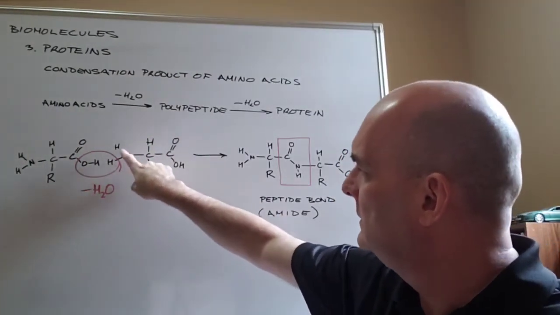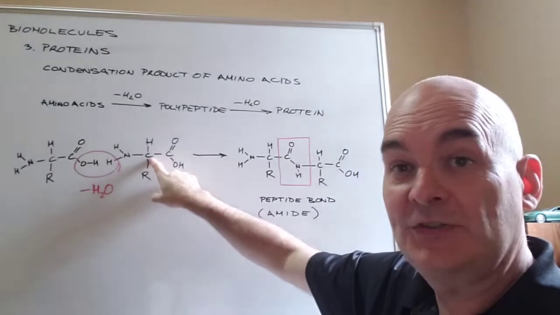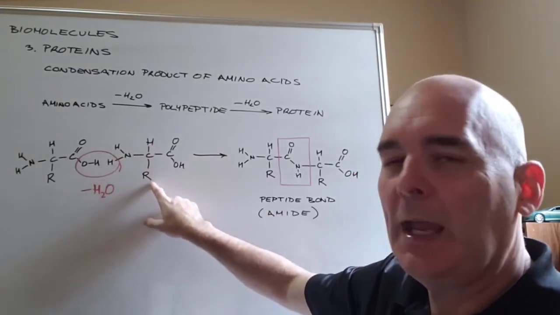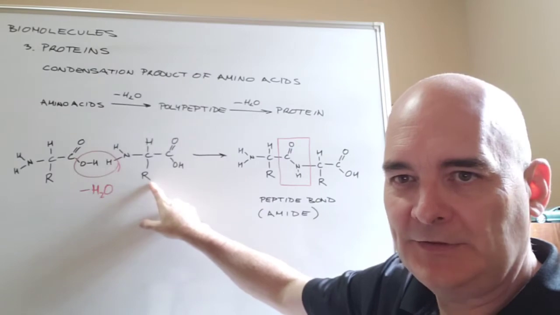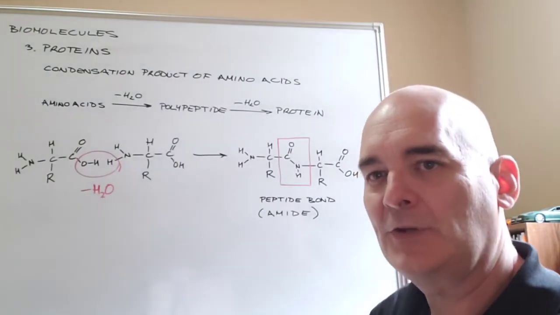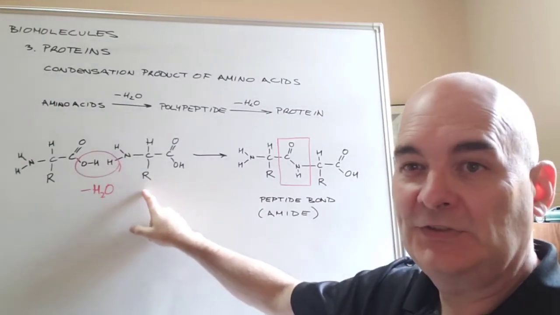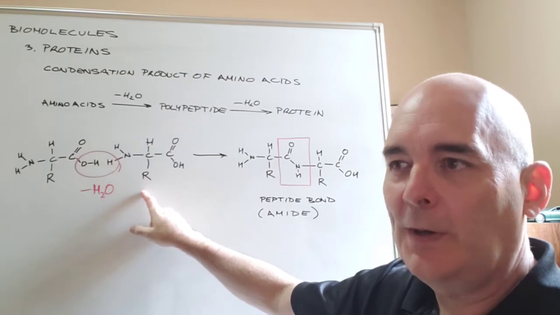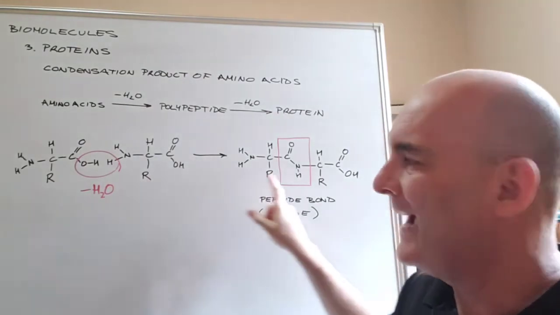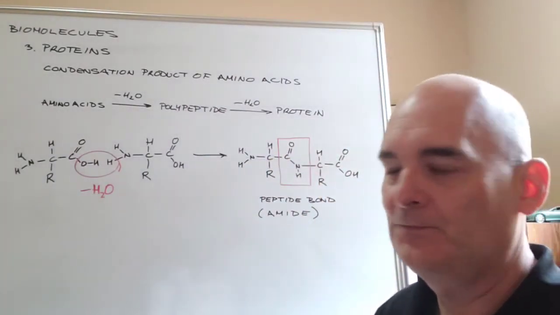I have an amine attached to this carbon. I have a carboxylic acid attached to the same carbon. I have a hydrogen, and then I have something else. The something else is a substituent that hangs off the amino acid and is known as the R group. This side chain is going to become increasingly more important as the size of the protein grows.